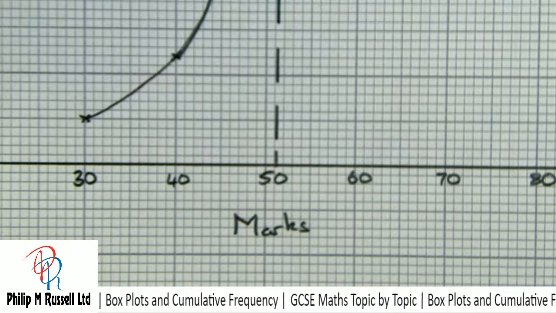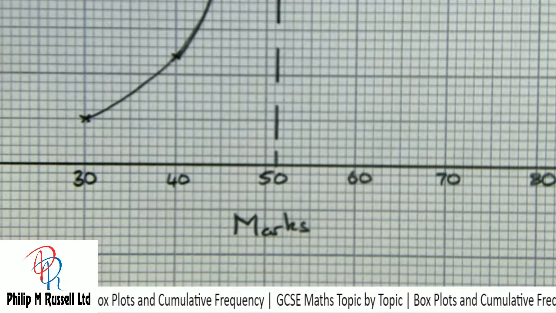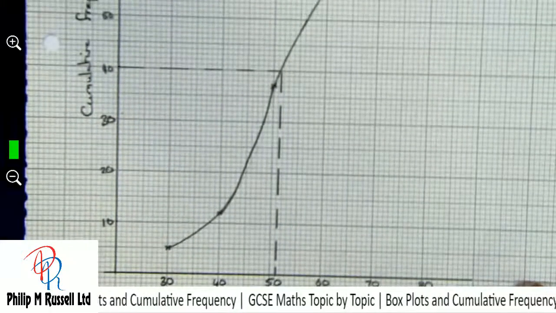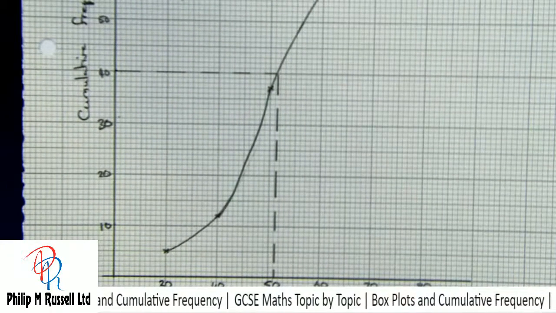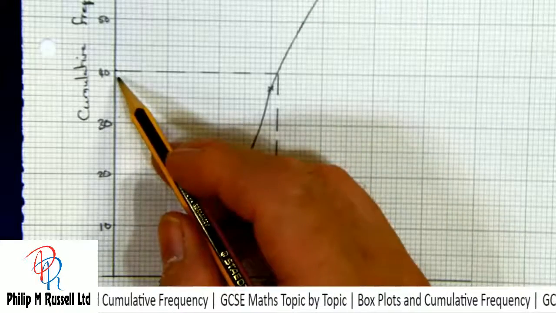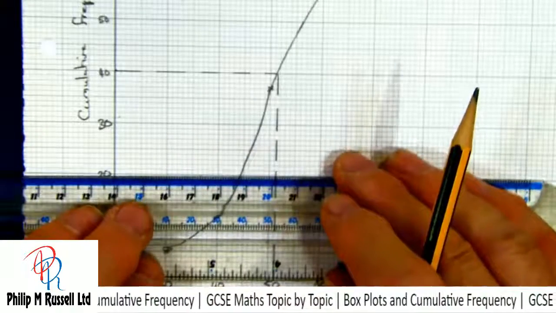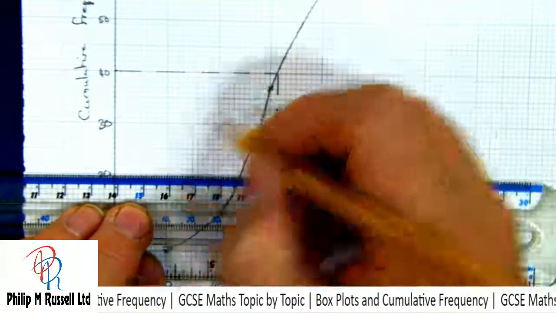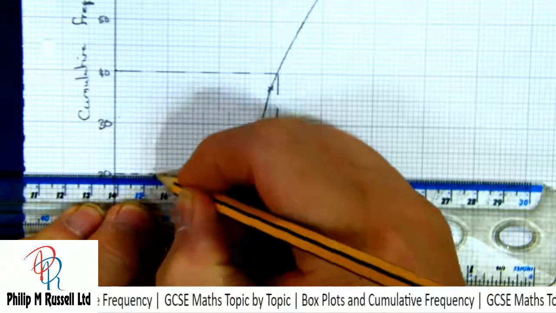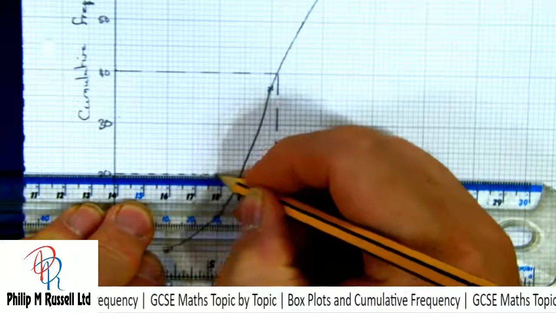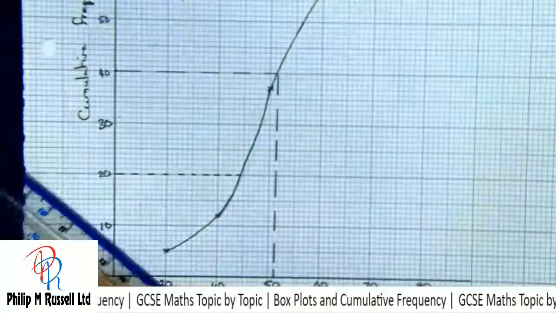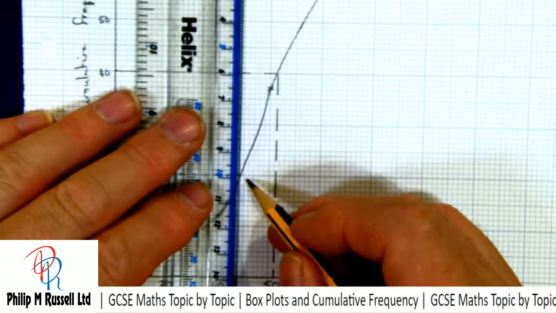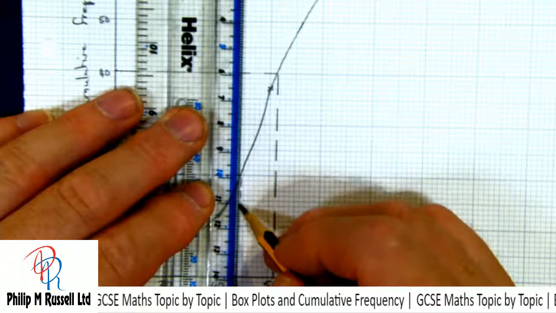Let's now be asked, what is the interquartile range? If I'm asked the interquartile range, then what I need to do is work out half of my 40. This is the lower quartile. This is where it's going to be 20. So let's put my ruler on. And we've got this value here. Let's just go and put it in as accurately as I can.